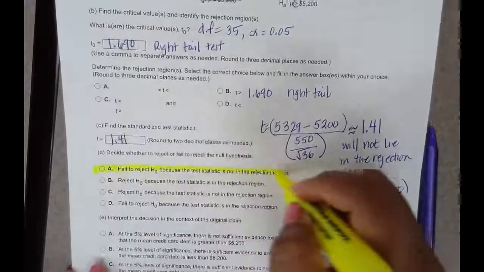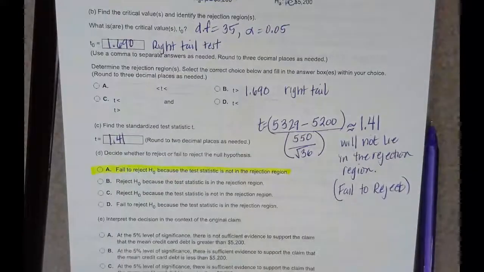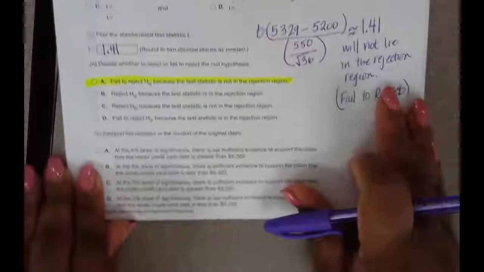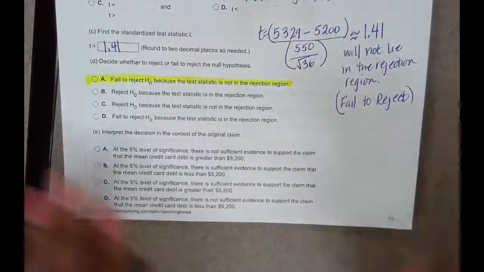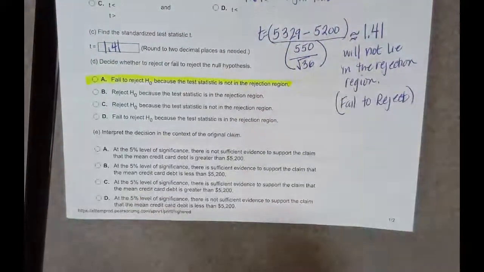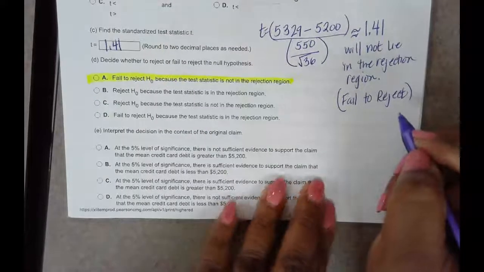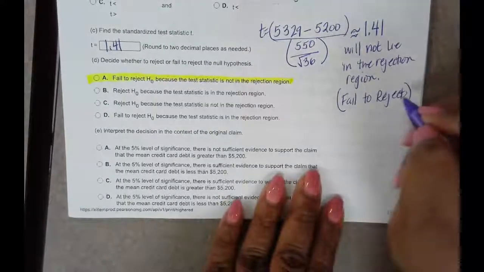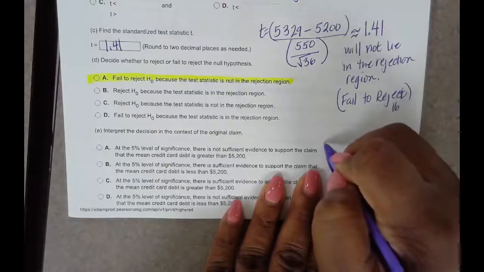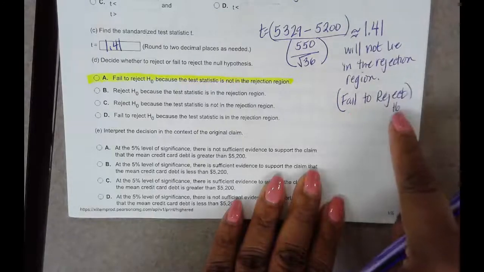Now we're going to interpret that in part E. So what do we know? We are failing to reject H naught, or the null.